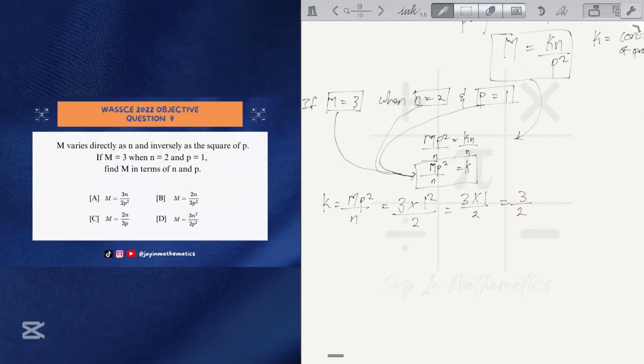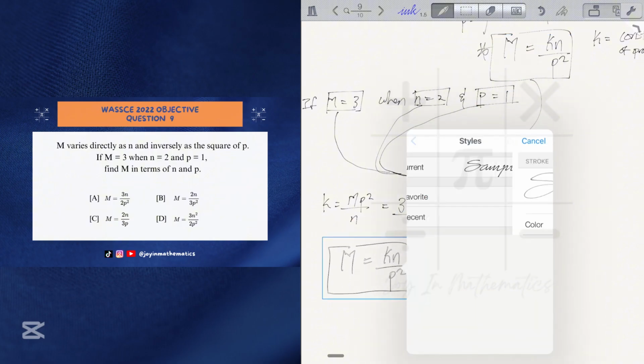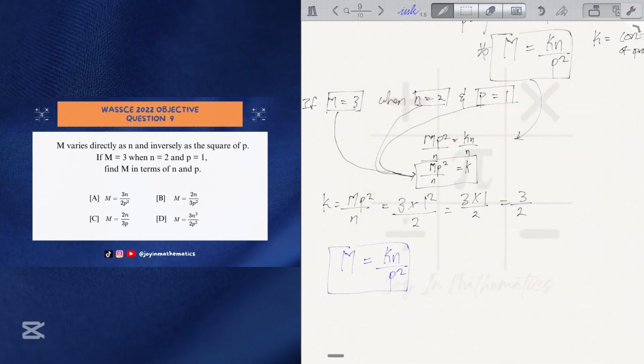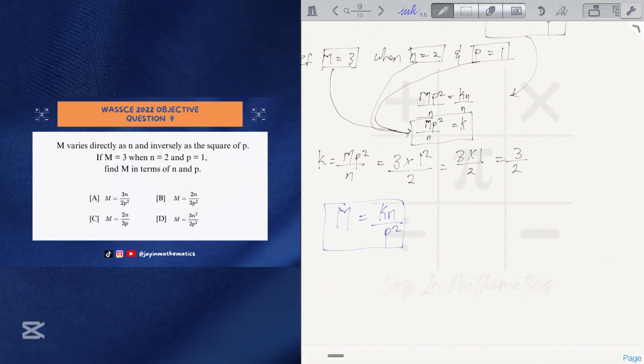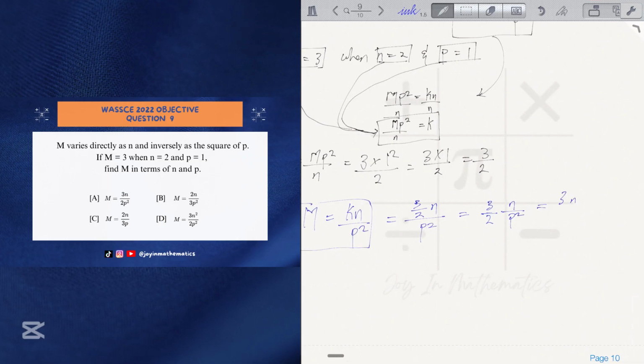so we go back to the original formula of m. So let's rewrite that. Let's rewrite this again. Now let's just duplicate, and this time around we will change the ink. Change pen style to blue. Sweet. Now once we have this, we will just substitute the value of k, and k is 3/2 multiplied by n divided by p squared, and this will give us 3/2 multiplied by n over p squared, and we will have 3n over 2p squared.